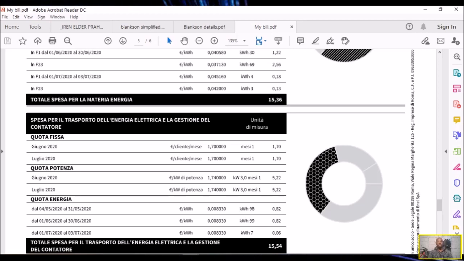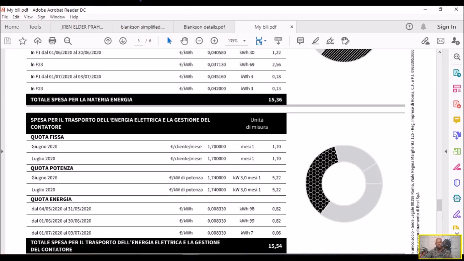spesa per il trasporto dell'energia elettrica e la gestione del contatore. One thing I figured out here is that with all the companies, the prices here are the same, whether it is Enel, Servizio Elettrico Nazionale, Enel Mercato Libero, Eni, or whatever company.